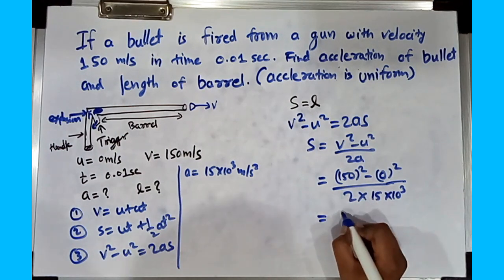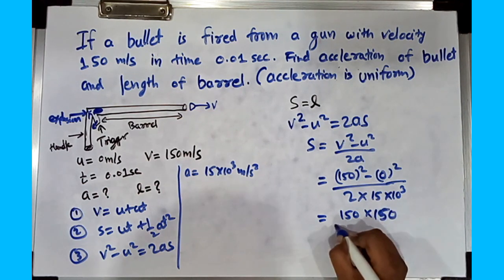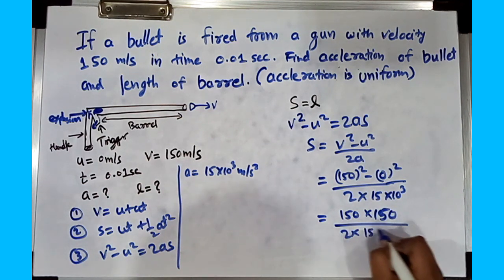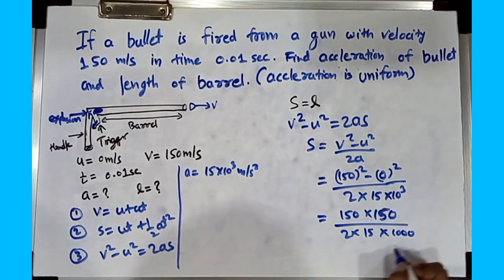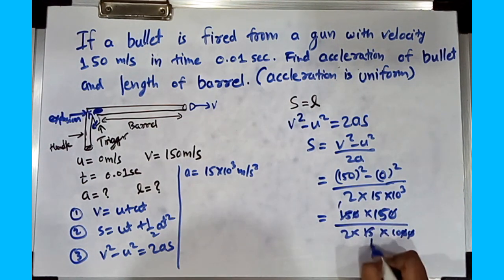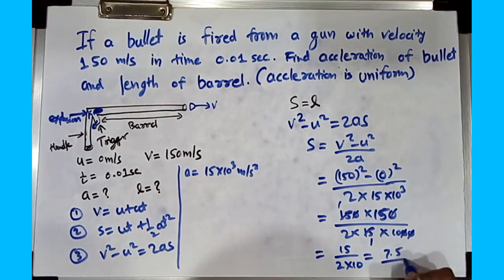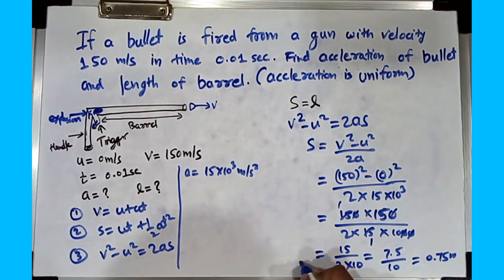We can write it as 150 into 150 upon 2 into 15 into 1000. 0 gets cancelled and 15 ones are 15, 15 ones are 15. So we can write it as 15 upon 2 into 10, or 7.5 upon 10, or 0.75 meter, which is the displacement of the bullet or the length of the barrel.